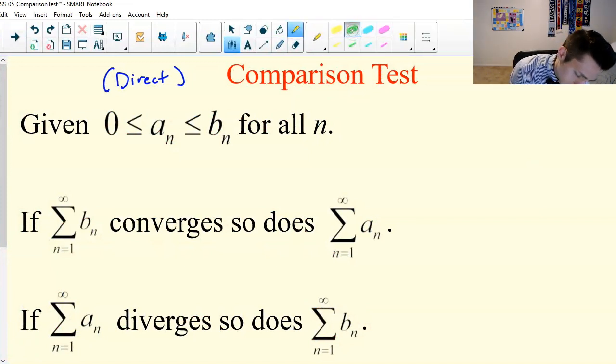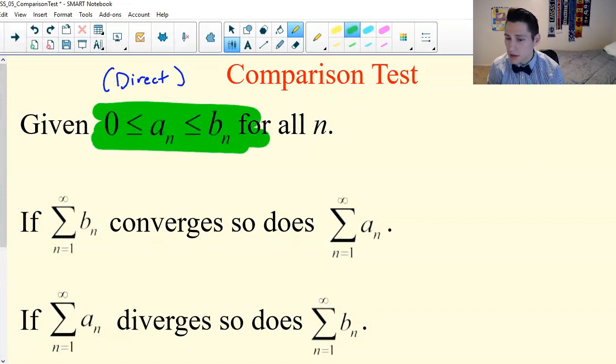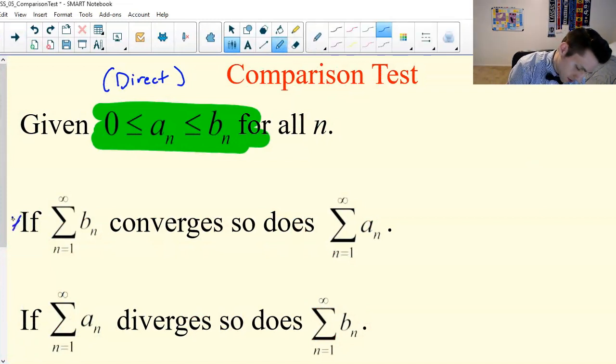If we can show that an is some sequence that's between 0 and another sequence bn, then there are two big pieces here. If the series of bn converges, then so will the series of an. Or flipped, if the series of an diverges, then so does the series of bn.